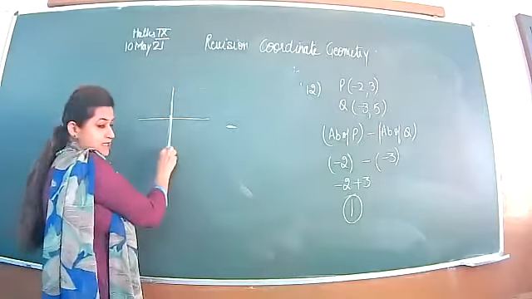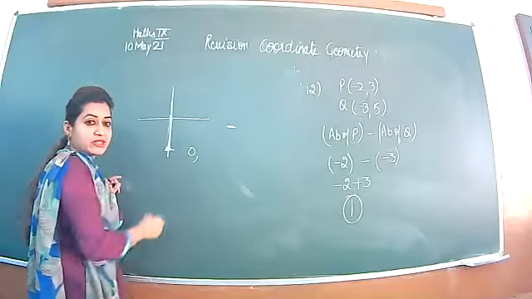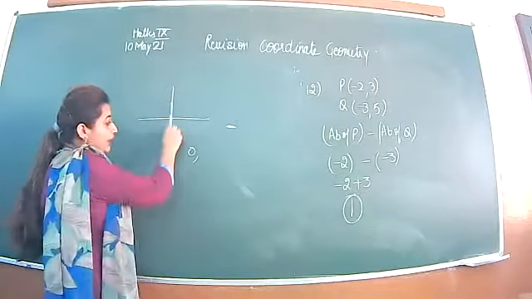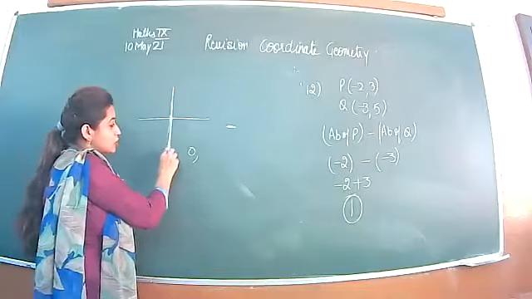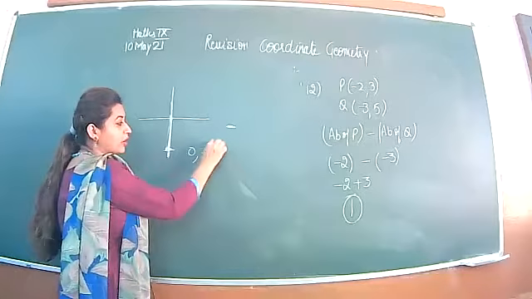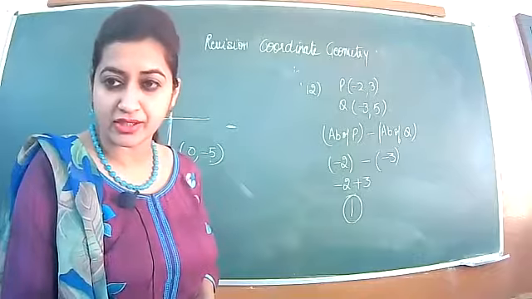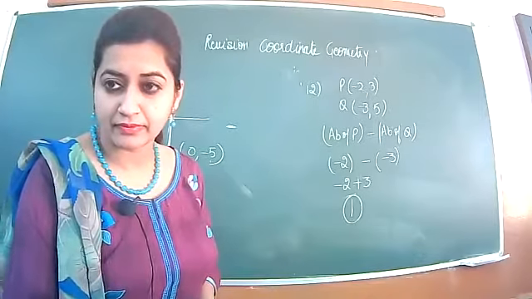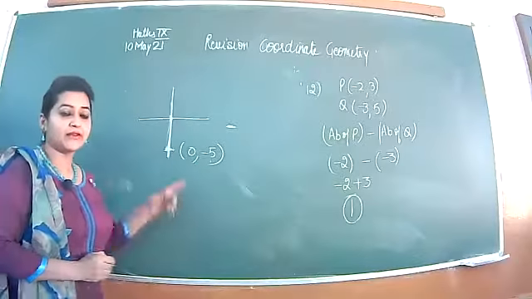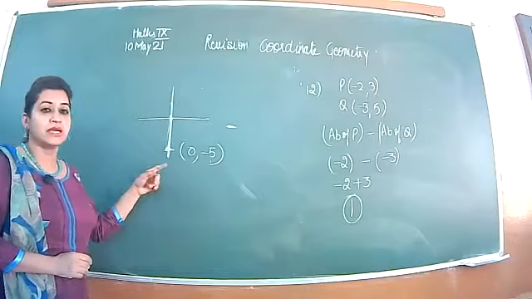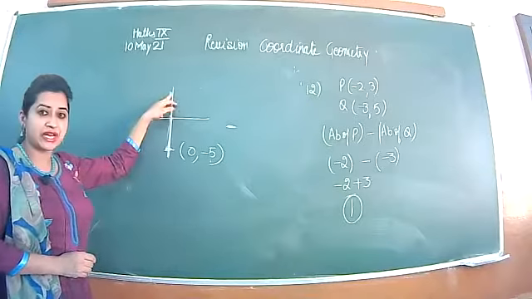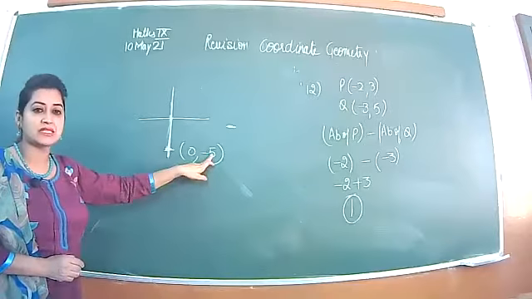Now on y-axis, you know that x coordinate is always 0 and the point is lying on y-axis, so surely it will have coordinate as -5 because it lies in the negative direction. If this point lies in the positive direction of y-axis, then it will be +5.